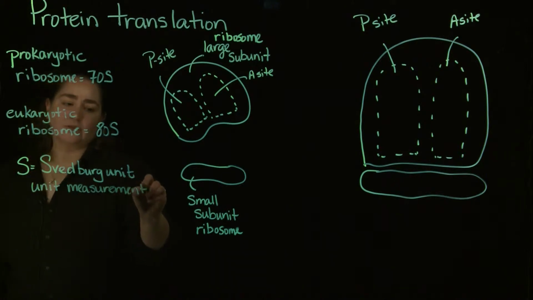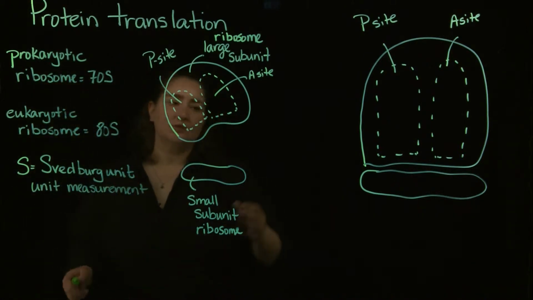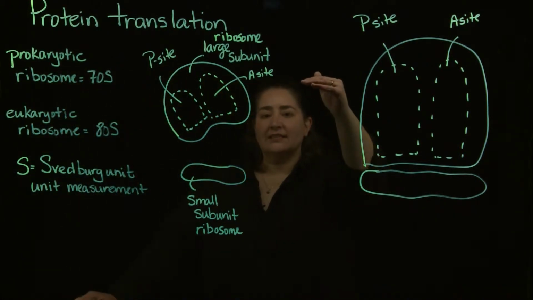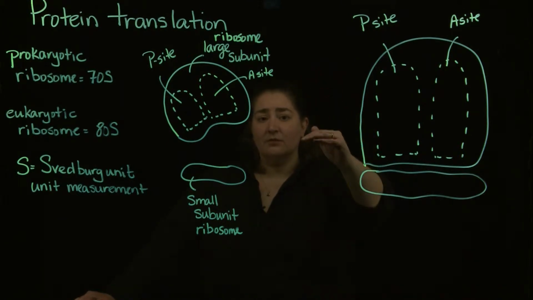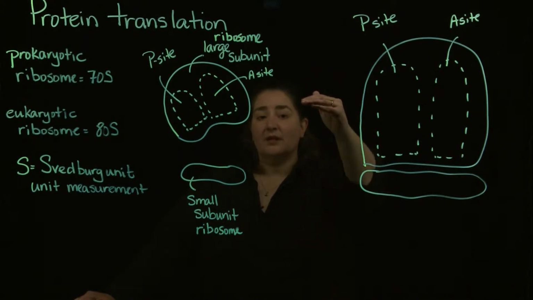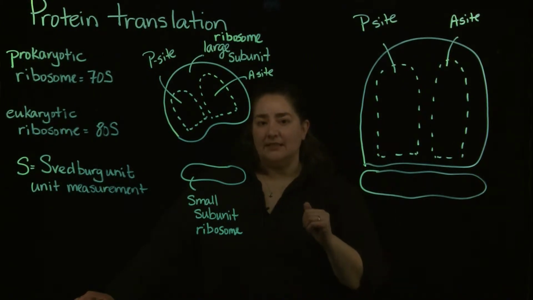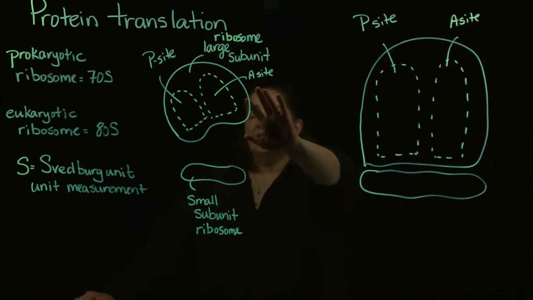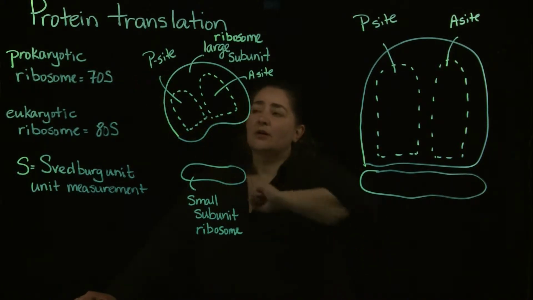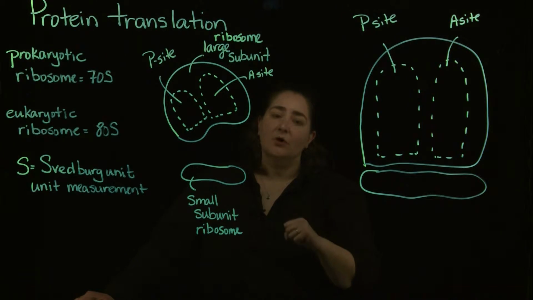With Svedberg units, you're taking proteins and centrifuging them, spinning them at a high rate. Those proteins will settle at whatever their molecular size is. In terms of that, the prokaryotic ribosome is slightly smaller than the eukaryotic ribosome.